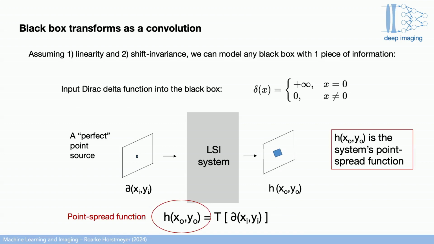So if that's true, then all we need to know to characterize our black box is its point spread function H. As long as we know that, we know everything about the transformation. We don't need to know anything else. Okay? And so H, like I said, is the system point spread function.